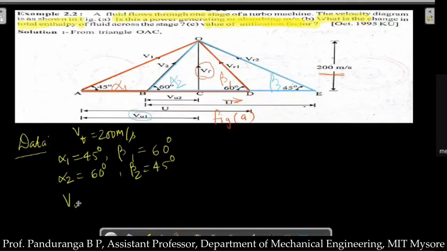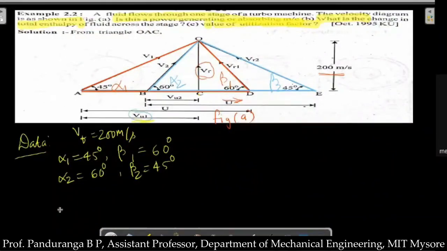Vu1 is the horizontal component here, that is from A to C in the velocity triangle. So I know OC, I need to find out AC, and I know this angle which is making the right angle triangle, that is alpha 1 is 45 degree.